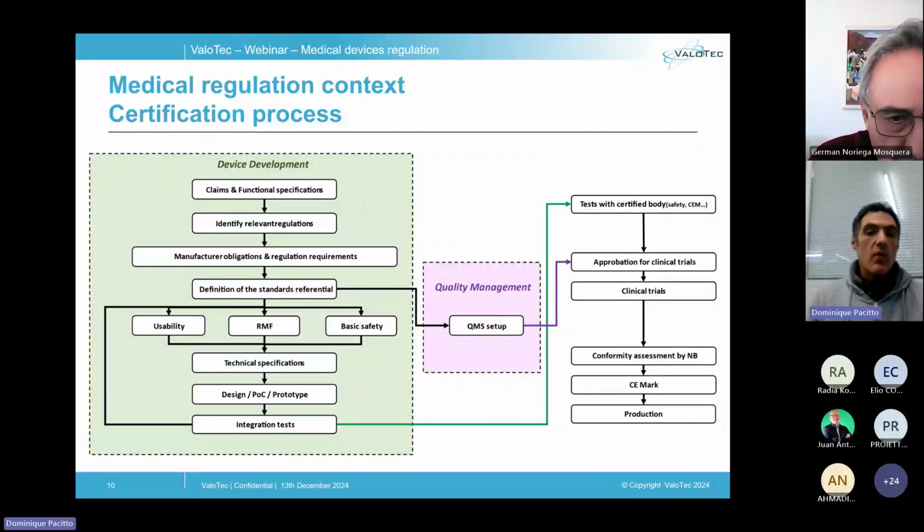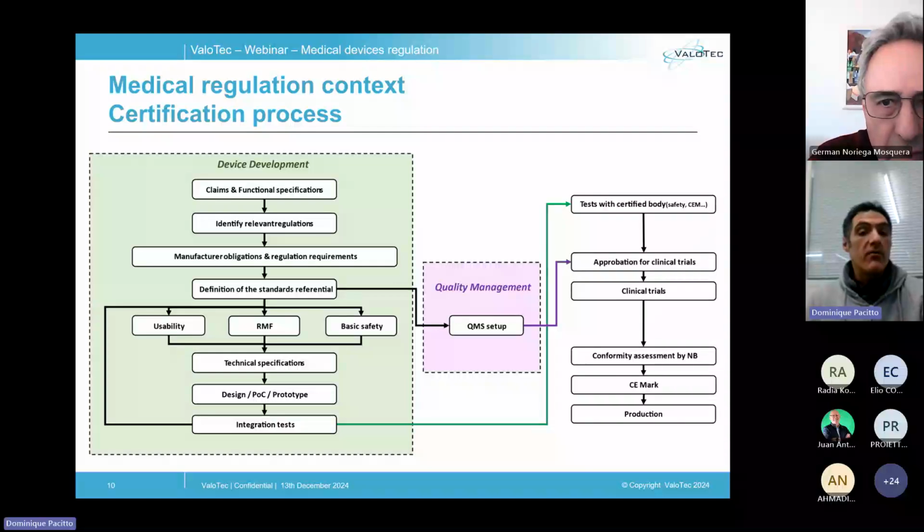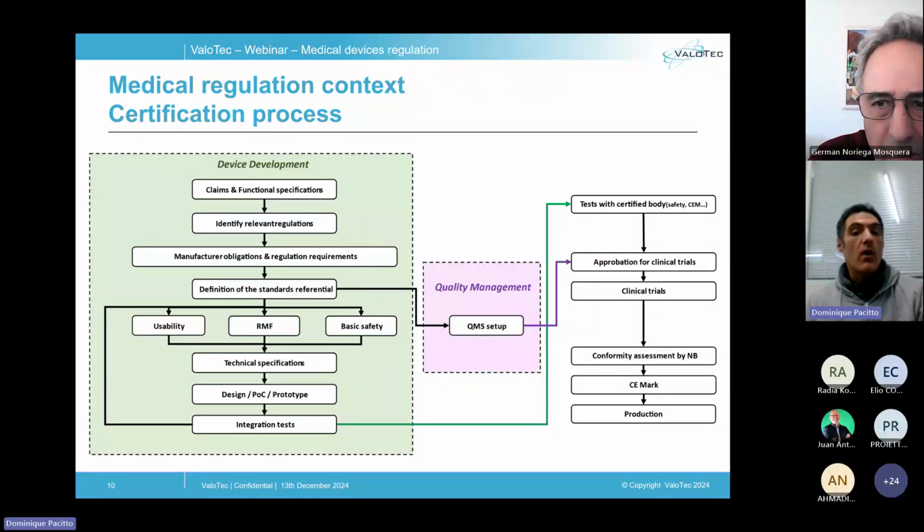Then you have to apply the regulation requirements, meaning identify the device class, fulfill the manufacturer obligations, identify the requirements according to Annex 1 and associated standards. Then, in a third step, manufacturers have to initiate the various standards, of which the risk management, the usability, and the basic safety, and to identify in there the technical constraints related to their product.